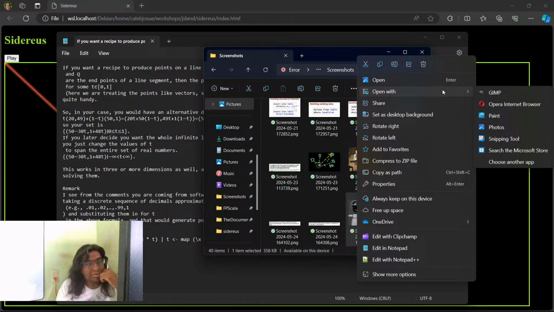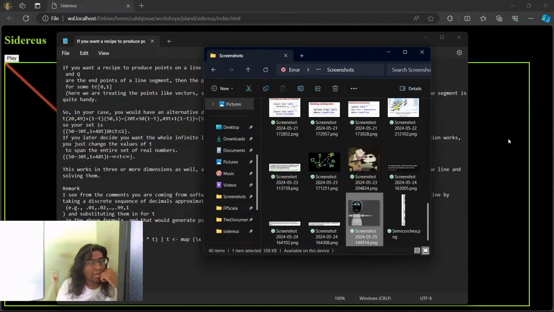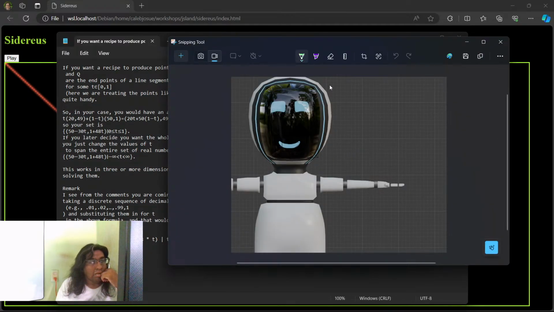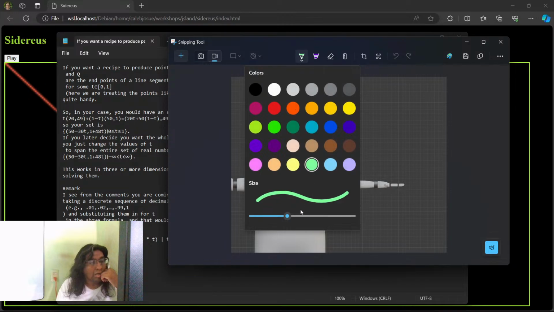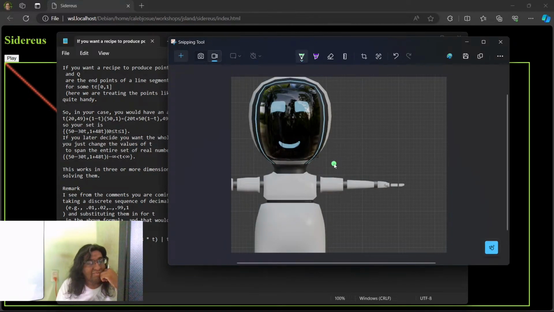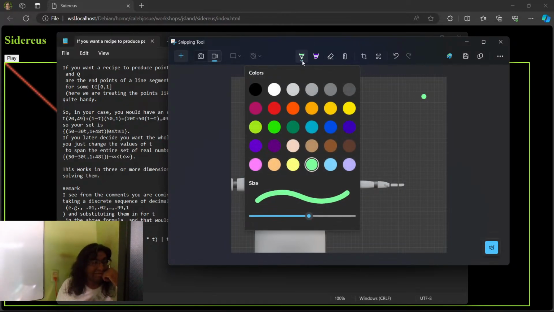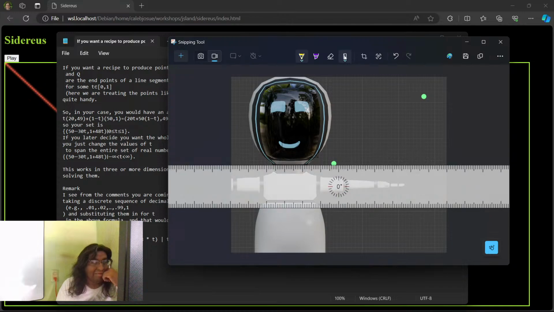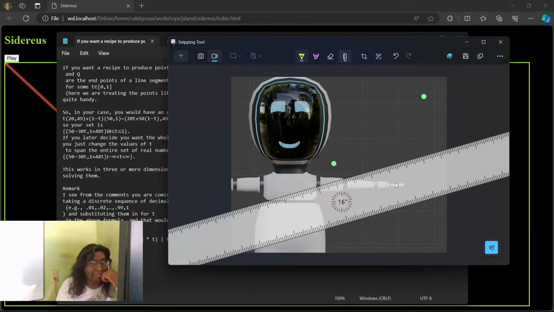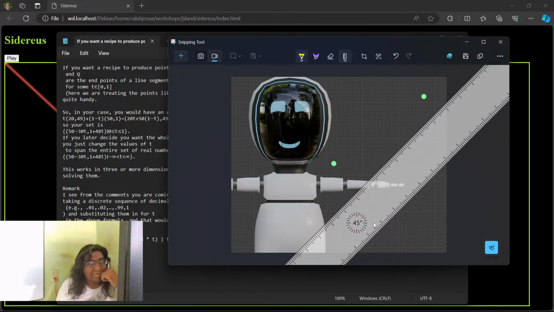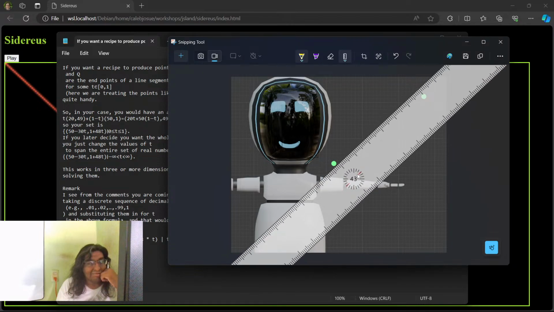Let's use this. You have two endpoints, one, two, and the person that answered me, thank you by the way, provided me with an insight on how to. Likely this is procrastination.